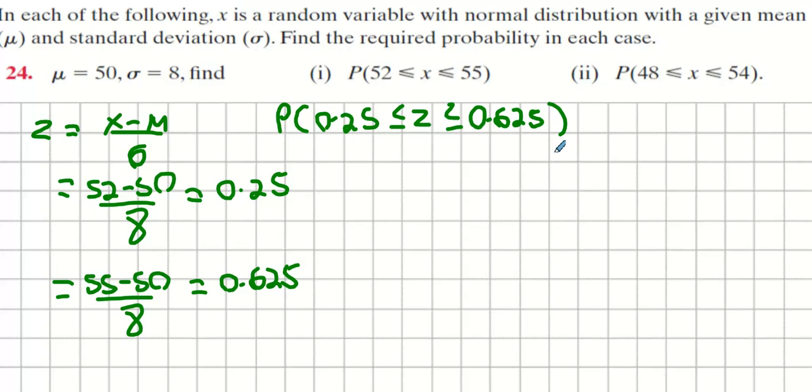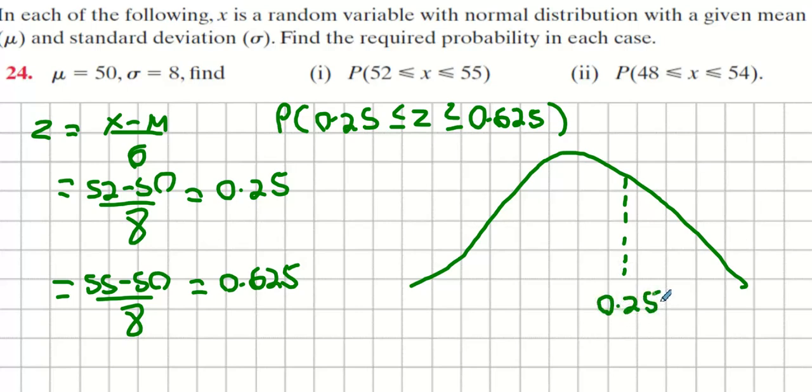I'll be interested to see this now. Would you agree that what we essentially have is two scores that are above the average? Agreed? So one of the scores is 0.25, and the other score is 0.625. I'm looking for the difference in size between the two of them.